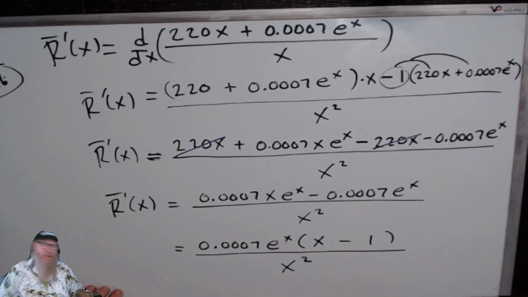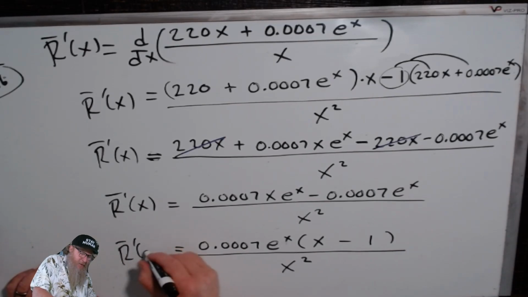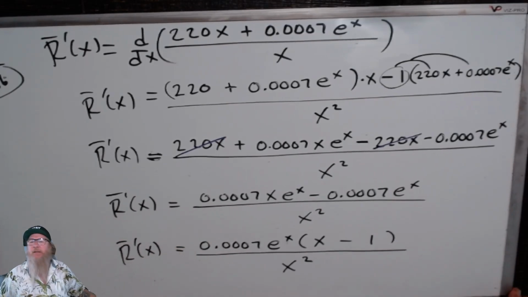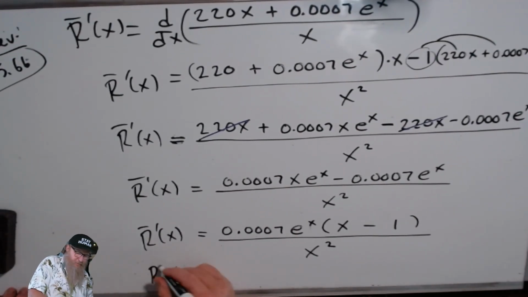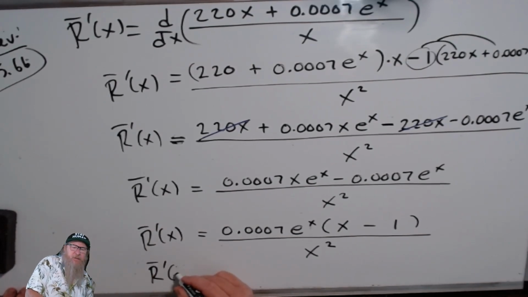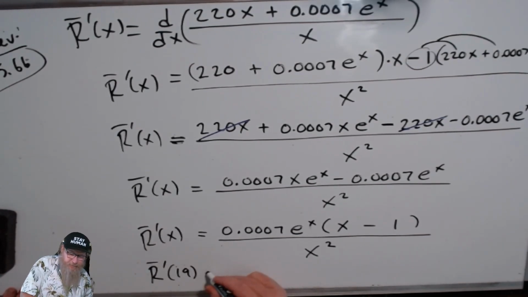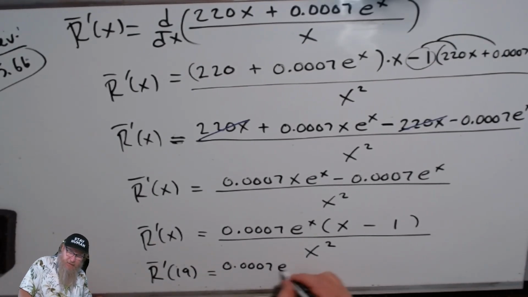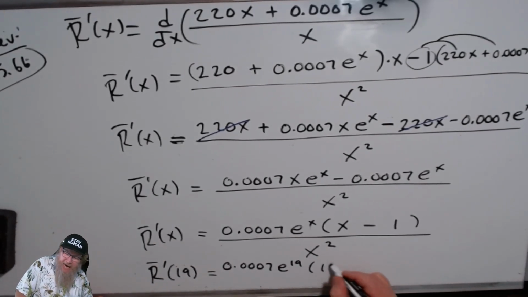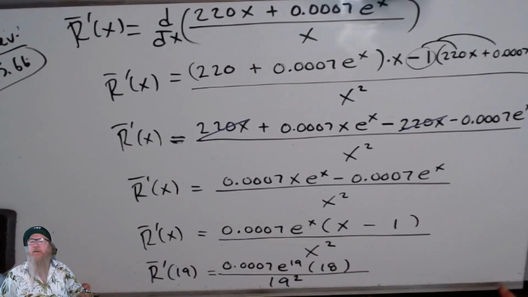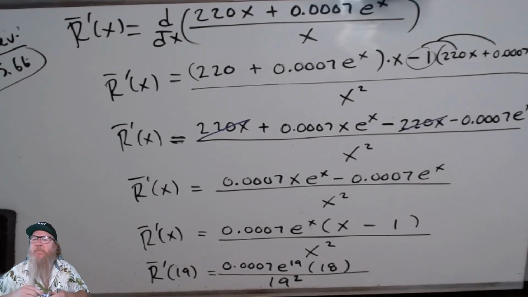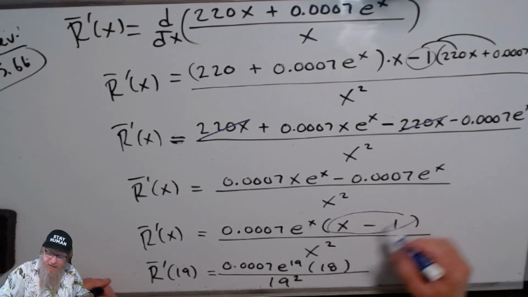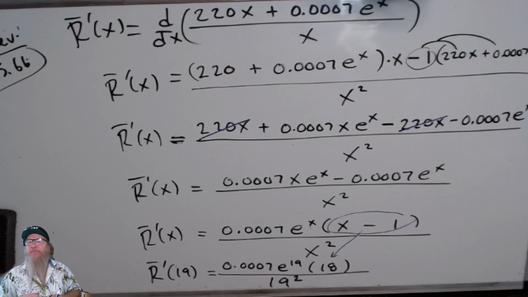Yeah. So now let's plug in our x. What was it? 19? So that's going to be 0.0007 e to the 19 times 18 over 19 squared. Yeah, you see how x minus 1 becomes 18?